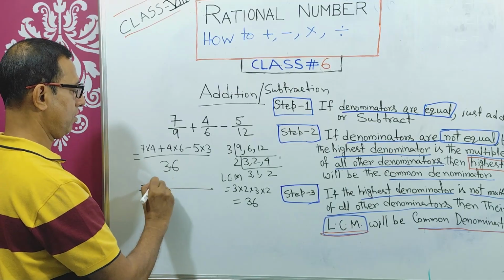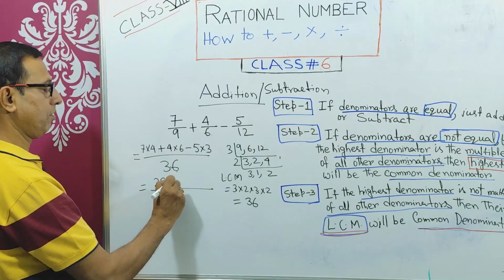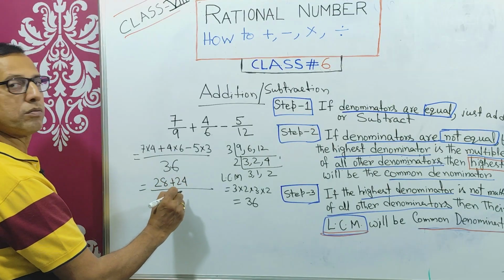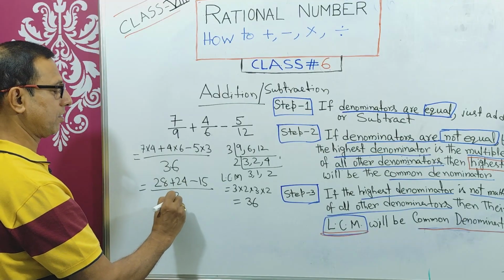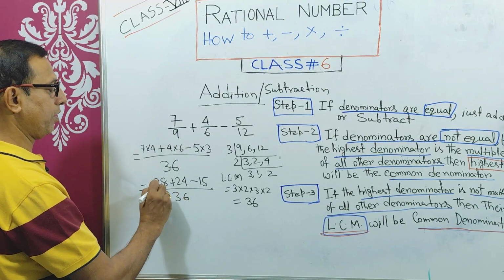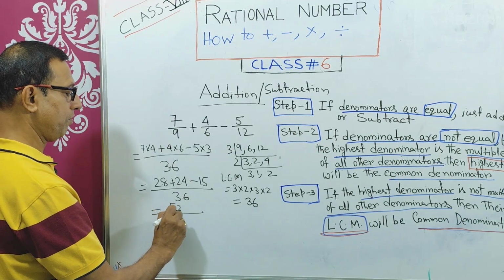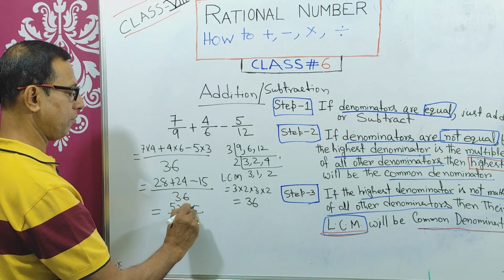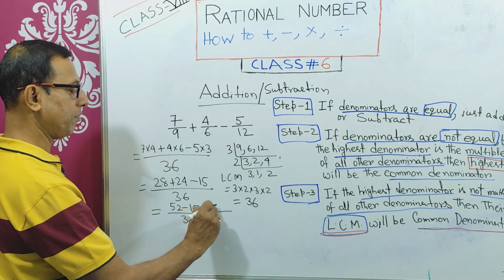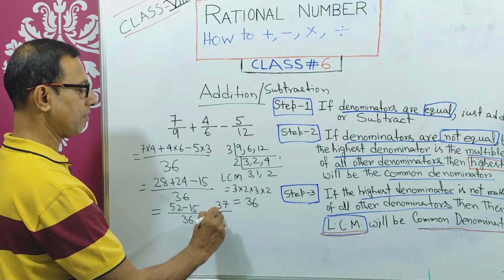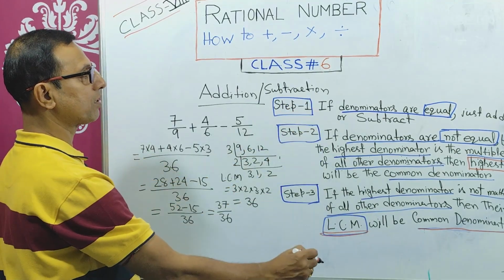That means 28 plus 24 minus 15 by 36. 28 plus 24 is 52. 52 minus 15 is 37, so 37 by 36. Done. So these are three simple steps: check the denominator.